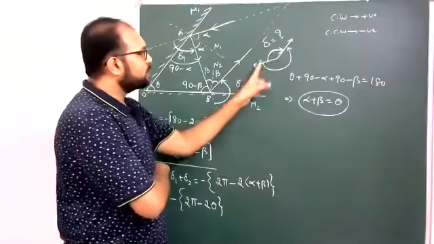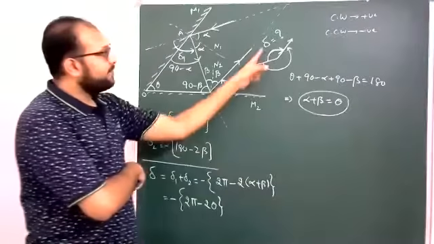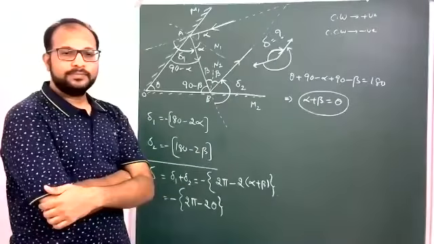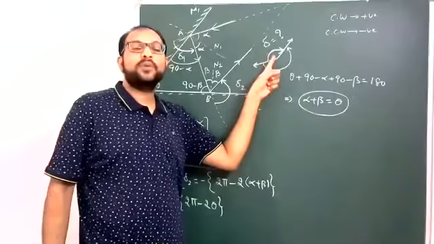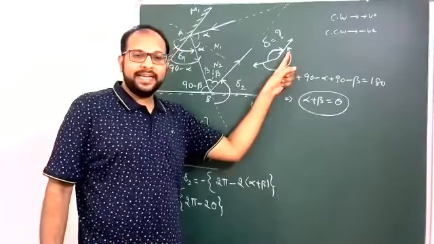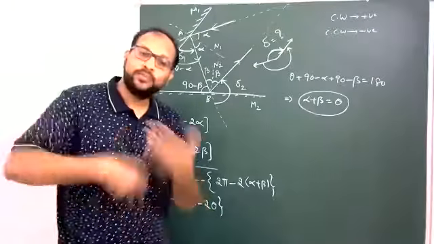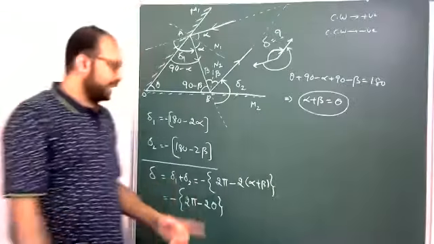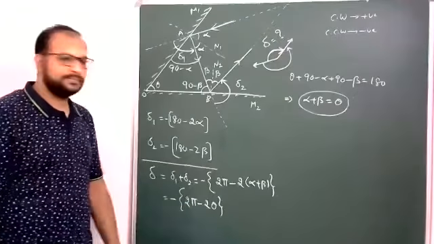So how do you represent the deviation according to this diagram? 120 degrees in the clockwise direction, or 240 degrees in the counterclockwise direction. We can represent the deviation in two ways. That's why the deviation is minus of 2 pi minus 2 theta.